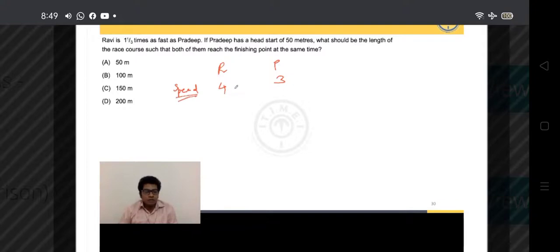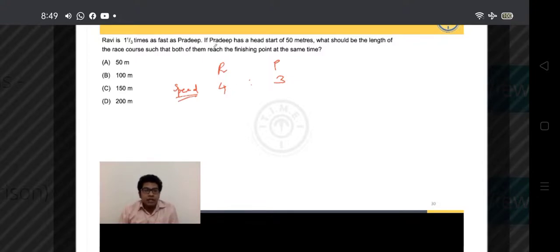When this is 4 parts, this has to be 3 parts, either 4 km per hour, 3 km per hour, it doesn't matter. So when Ravi is 1/3 times as fast as Pradeep, which means he is 1/3 times more, hence the ratio will be 4:3.